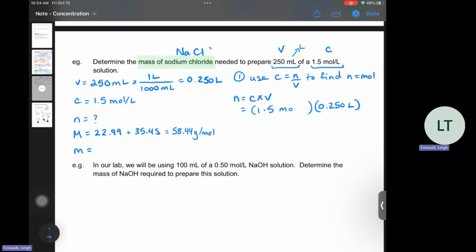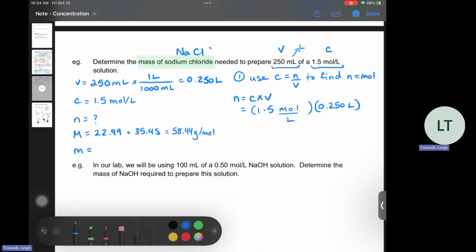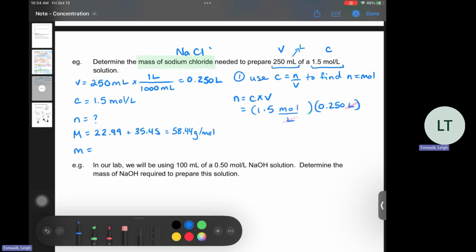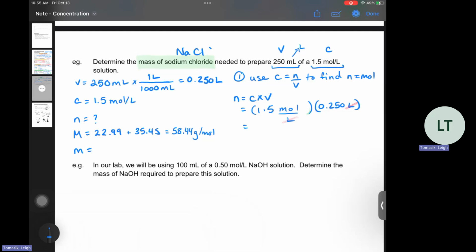This is moles per liter. So our liters cancel out and we're left with moles. 1.5 times 0.250 gives us 0.375 moles. And then we can use the m equals n times big M formula to find the mass.